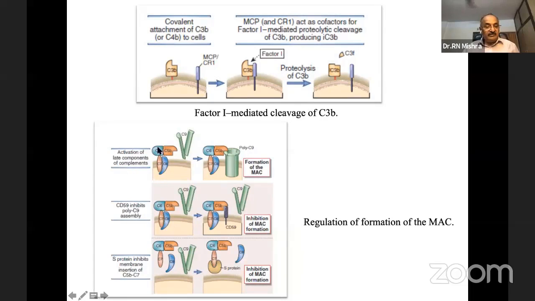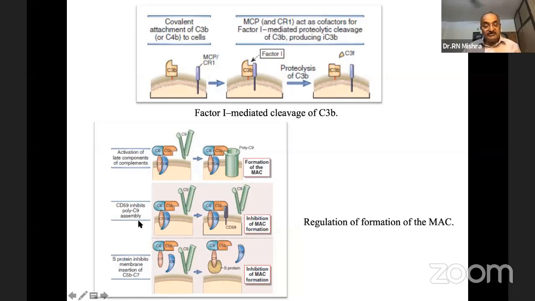Then in the late activation, a molecule called CD59 inhibits the poly-C9 formation, which you saw as a tunnel.